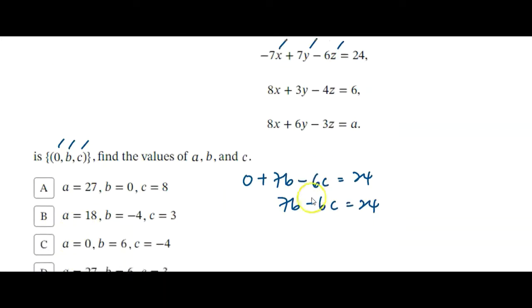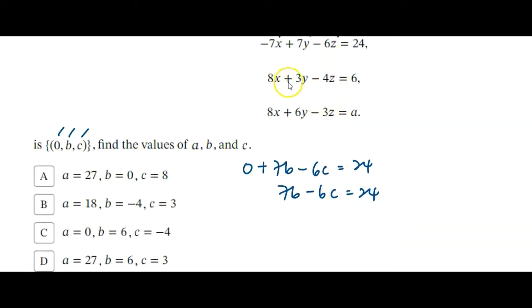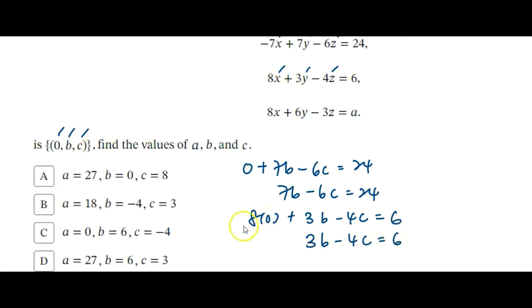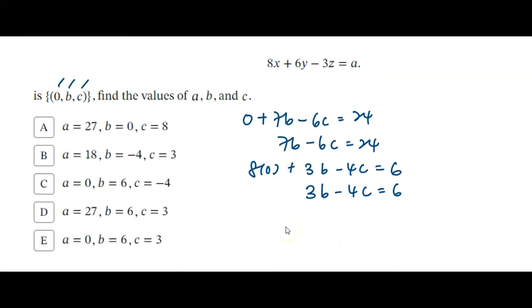The same thing we'll do on the second equation, where the x, y, z will be replaced by 0, b, and c. So now I have 3b minus 4c equals to 6, because 8 multiplied by 0 will be 0. And the question asks us to find the values of a, b, and c.